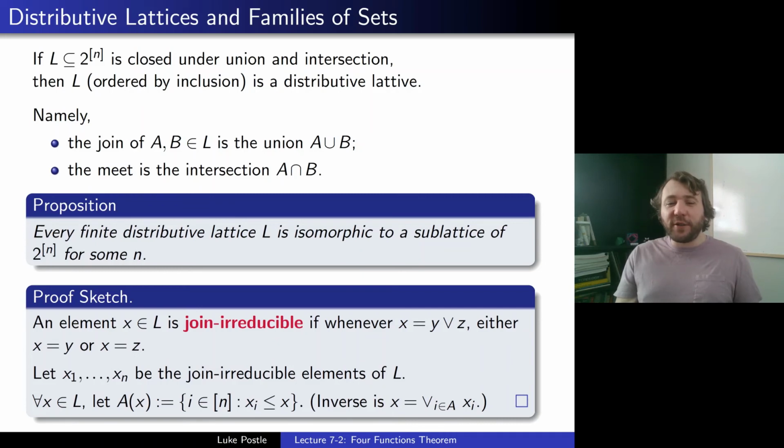You'd want to show that if you take that inverse, it actually gives rise to x. You'd want to show that you preserve joins and meets, which become union and intersection in the other, and so on. But you can go ahead and do that for yourself. So basically, distributive lattices are like sublattices, i.e. families of sets that are closed under union and intersection.